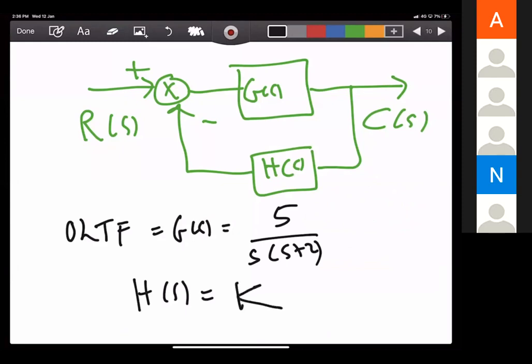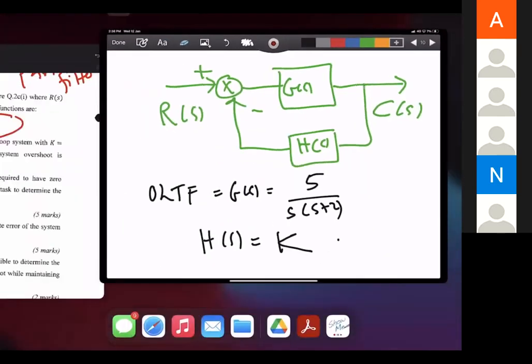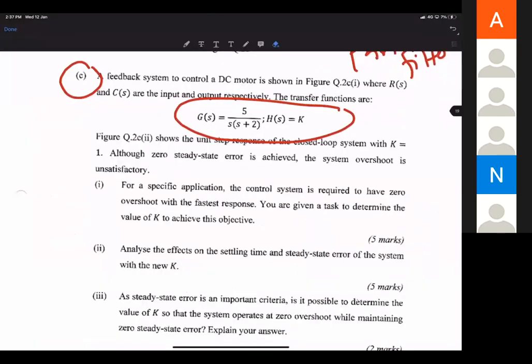HS is equal to K. So the question, what is the question asked here? K equal to 1. Steady state error is achieved.